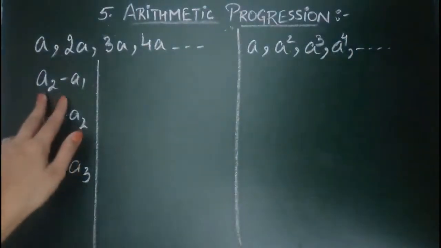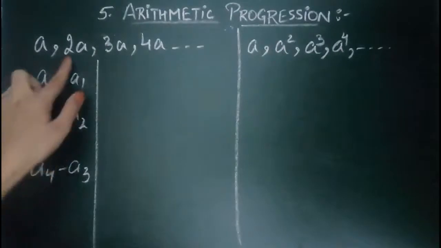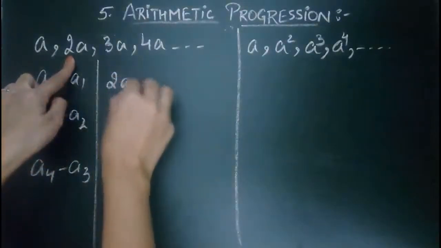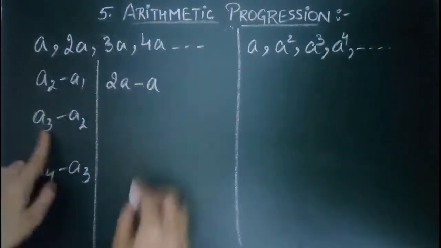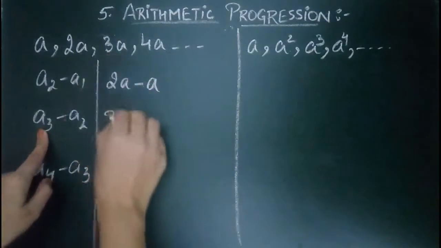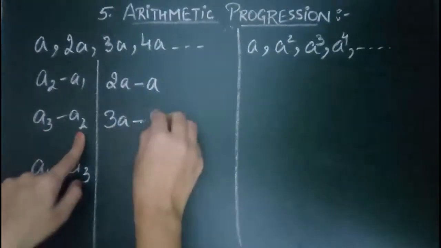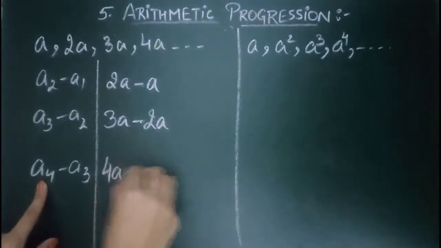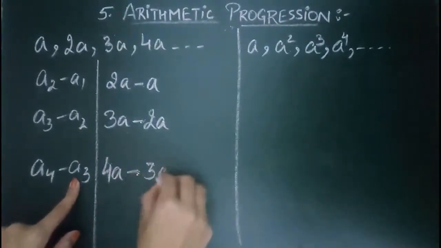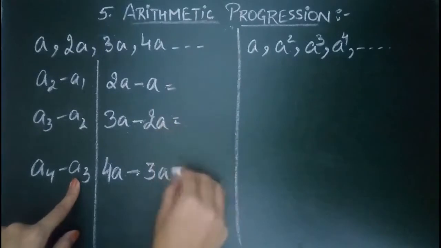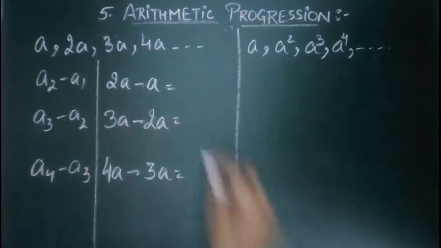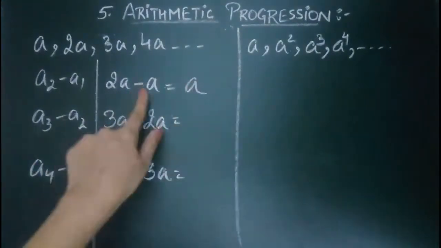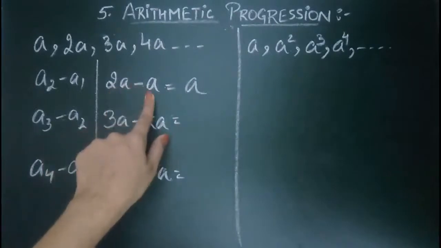So firstly we have to check A2 minus A1. A3 is 3A minus A2 which is 2A, A4 is 4A minus A3 which is 3A. So 2A minus A will be A. 2A minus A, how?